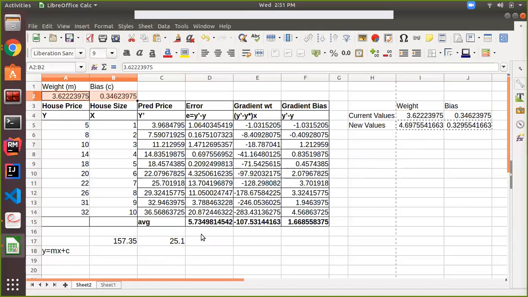So again you can see error rate reduced to 5.7. Okay, so this is our error rate. We keep on changing the values of weight and bias, and we will repeat these iterations until we get error rate approximately equal to 0.